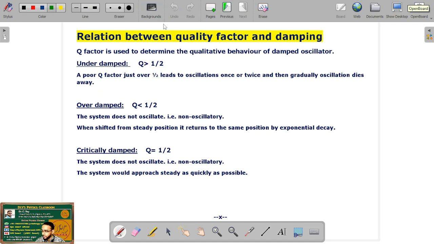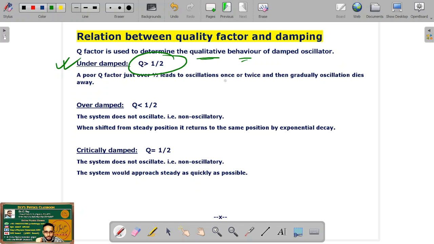Next we will discuss the relation between quality factor and damping. The Q factor is used to determine the qualitative behavior of a damped oscillator. In case of forced vibration, the damping part is also present. In the underdamped case, quality factor is greater than half.